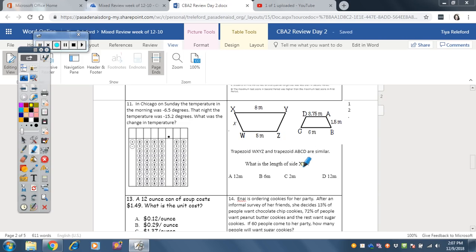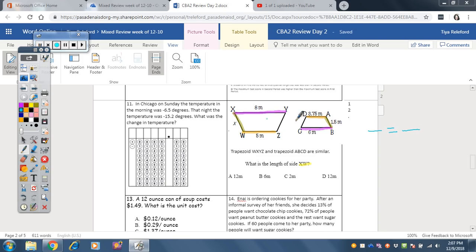What is the length of side XW? You're going to need to color code. Be careful because they flipped one of them upside down. They did that on purpose. So here's the cool thing, you get to decide.